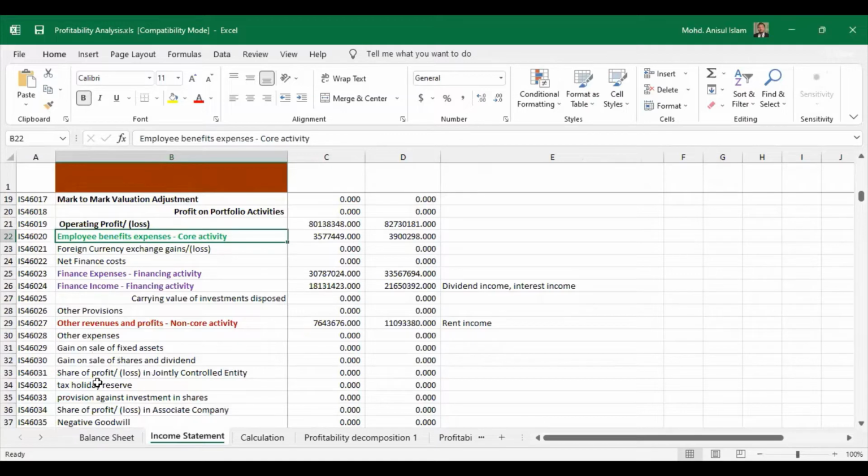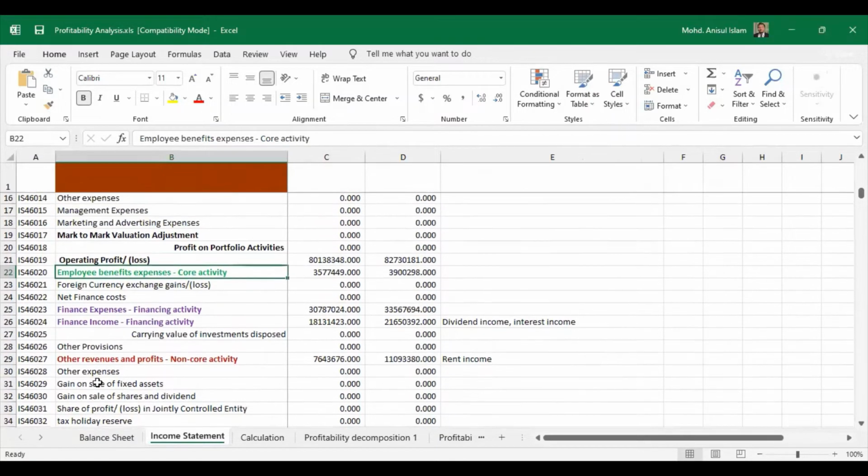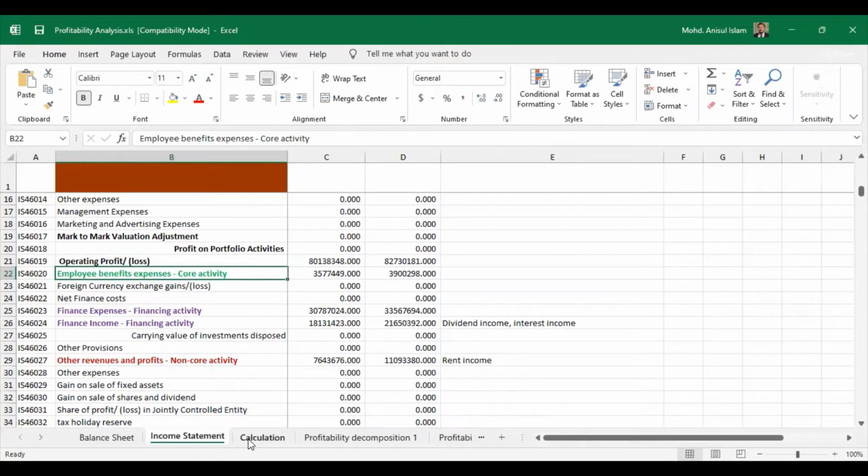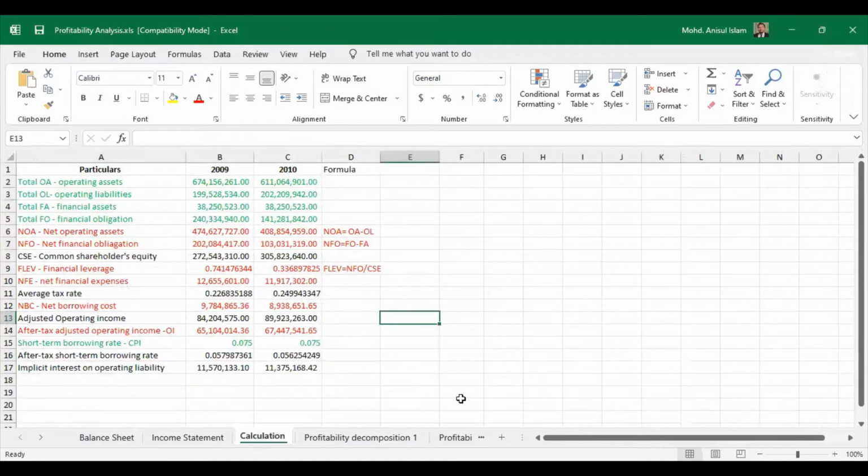So what can we do? Can you recall that I mentioned that employee benefit expenses are part of operating expenses, and I also mentioned that the income coming from renting out the factory premise should be part of the operating income. So we can make some adjustment to the reported operating profit in this way. Follow my calculation.